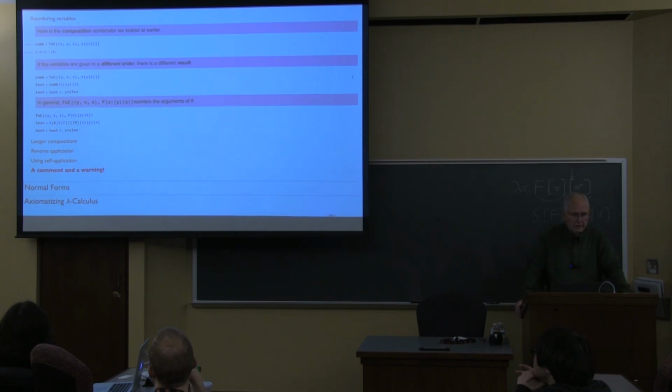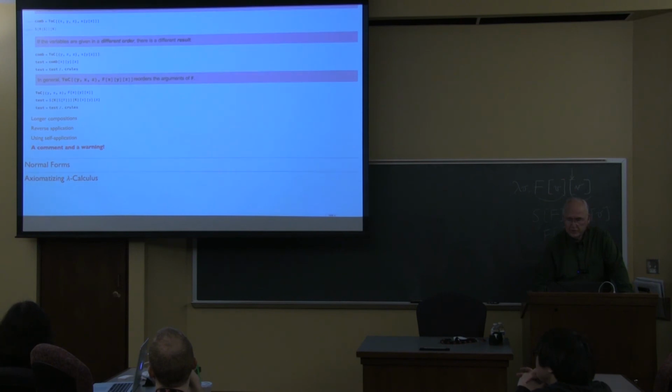So originally I eliminated variables from the composition combination, x composed with y applied to its argument z. And it turned out that that elimination gave me s of k of s of k. Okay? But now suppose I eliminated the variables in a different order.